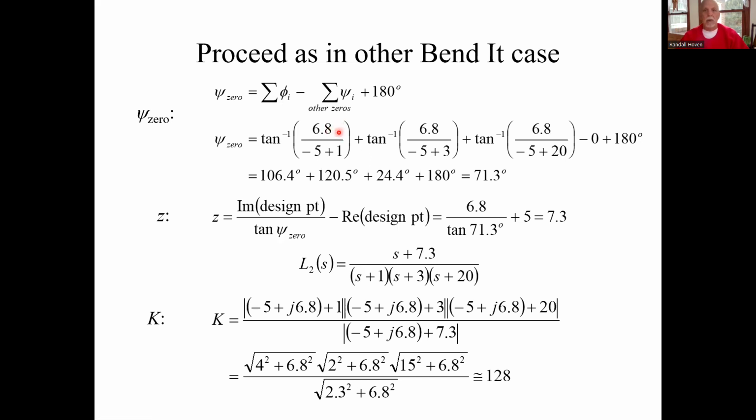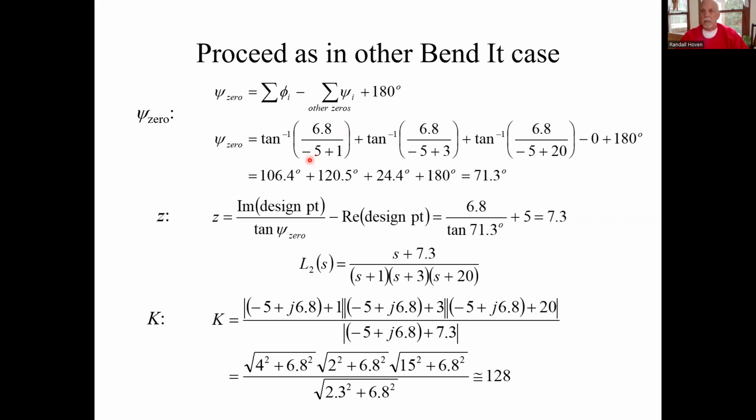So it's the imaginary part of the design point minus the imaginary part of the pole in question, and they're all on the real line, so that's always going to be 0.